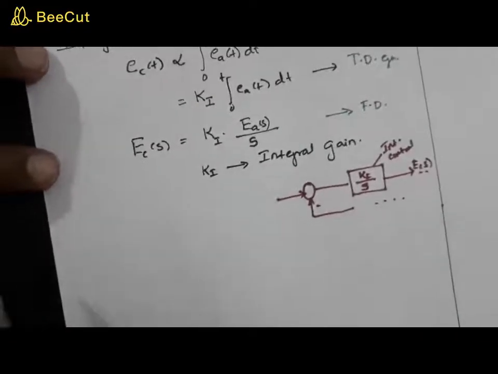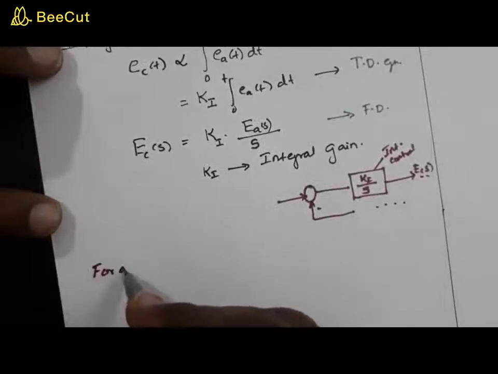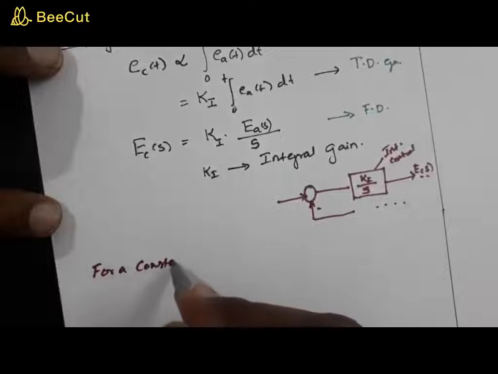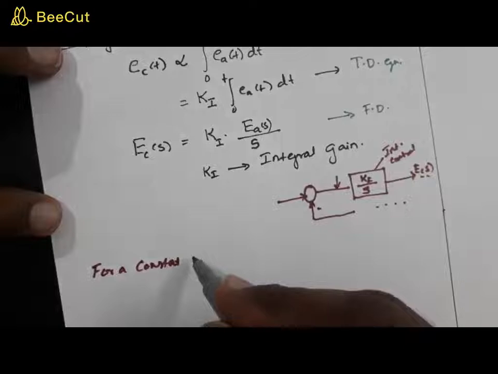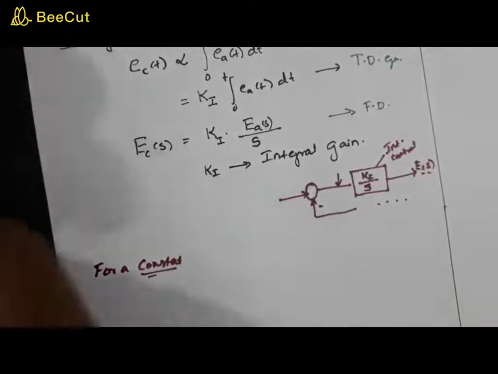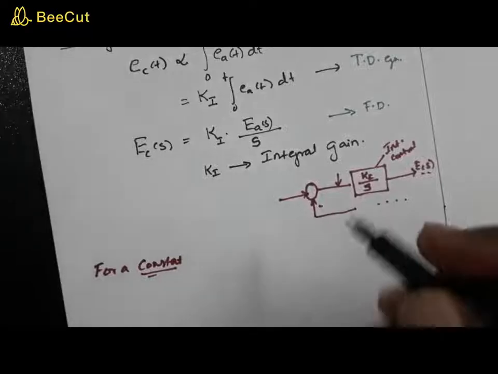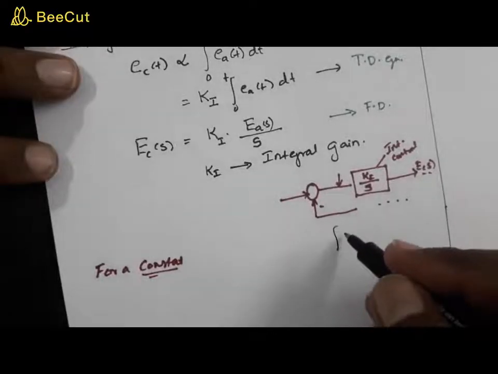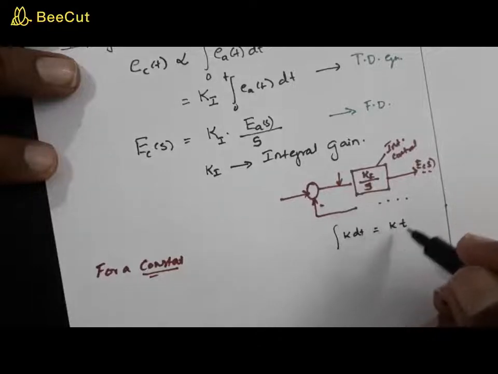Now let's see what happens for a constant input. If this actuating signal is a constant signal, we know that as you integrate a constant with respect to time, K into dt, this becomes K into t.